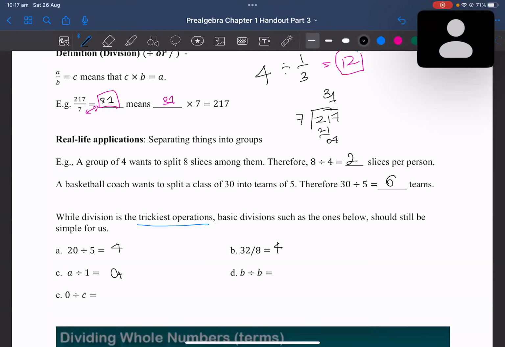If you have any number divided by itself, what do you get? 1. For example, 6 divided by 6. You're splitting 6 into 6 groups. The only way to do it is putting 1 in each group. That's 1. Okay, what about if you divide 0 by a number C?